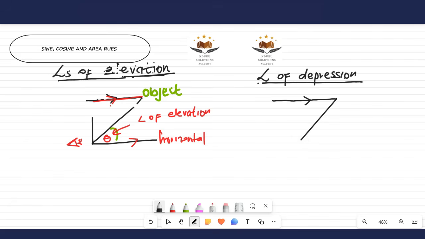Please do remember this is all going to be 90 degrees here. And then this is the parallel line.